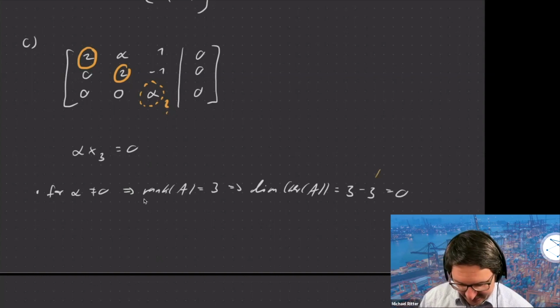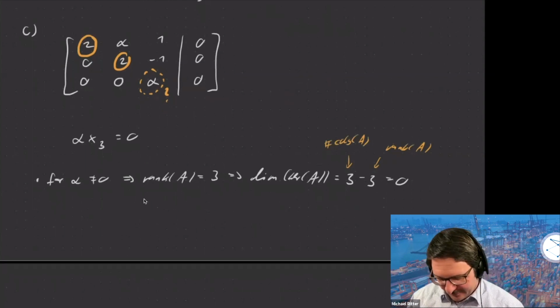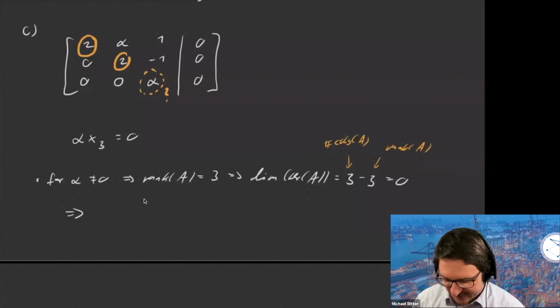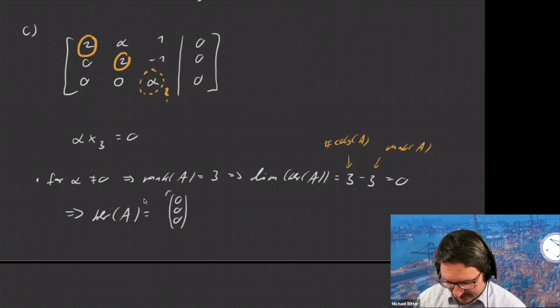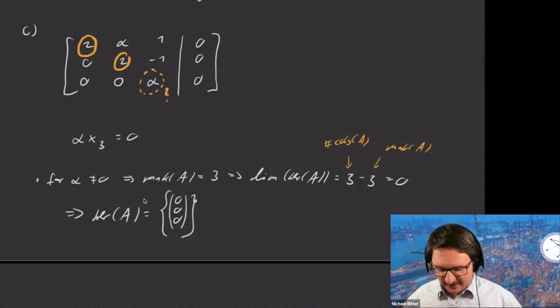So that is the rank A, and that's the number of columns of A. So if the dimension is 0, then of course that space consists of only one point. And there's one point that is in every vector space, and that is the 0 vector. So in this case, this would be the kernel.